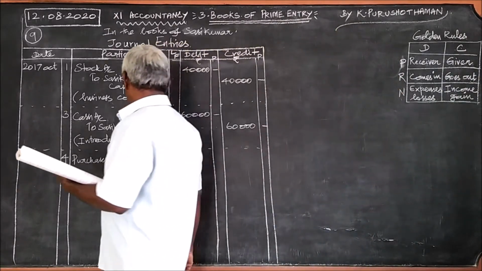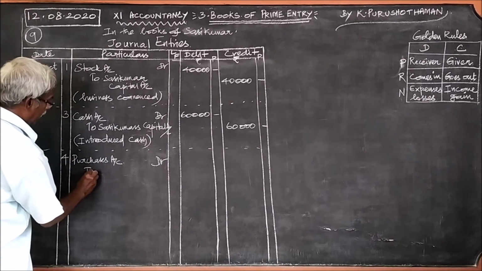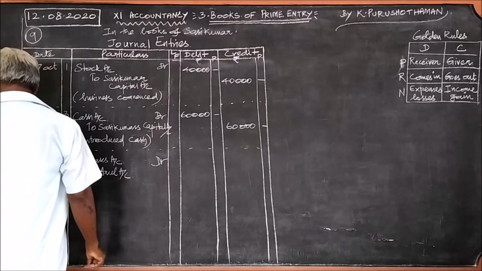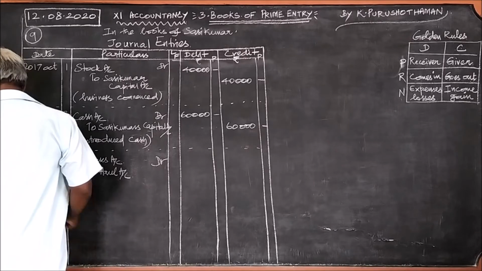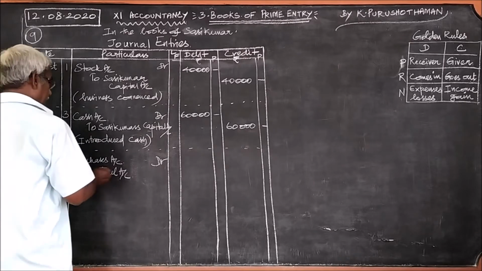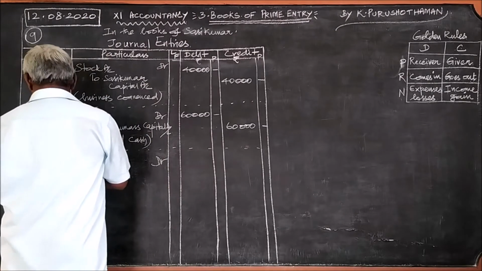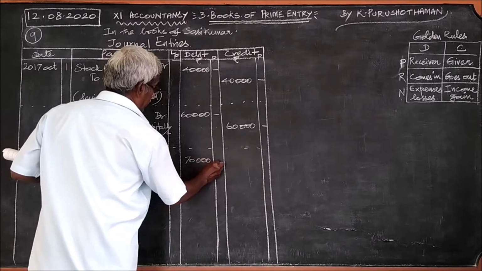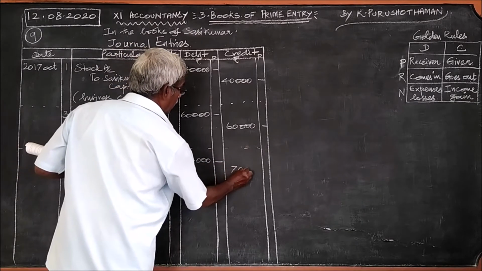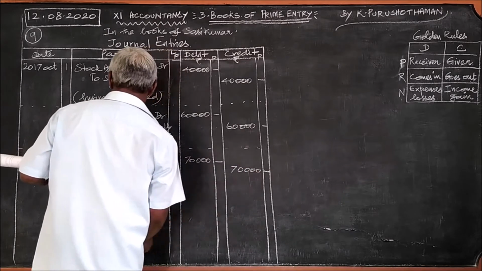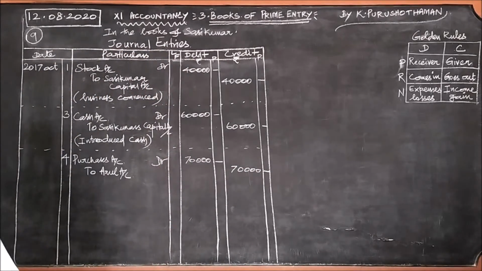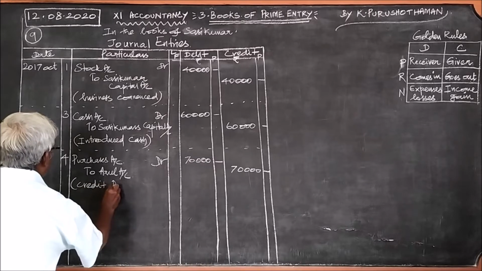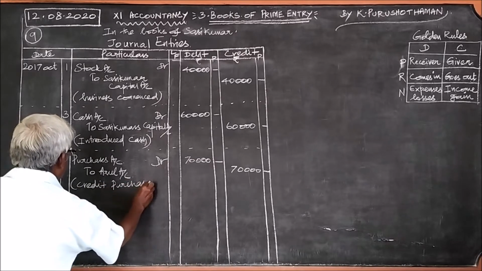So purchases account debit to Arul account, that is 10,000, 70,000. Since the name appears, it is a credit purchase.